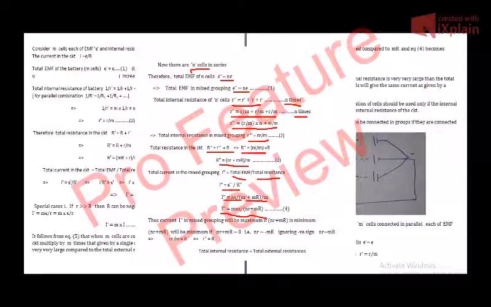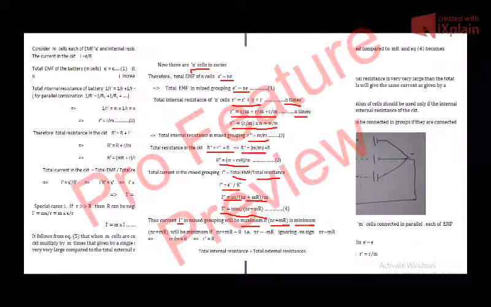The current I in mixed groups will be maximum if N R plus M R is minimum. So from equation 4, if the denominator is minimum, then current will be maximum. So I double dash will be maximum only if N R plus M R is minimum.